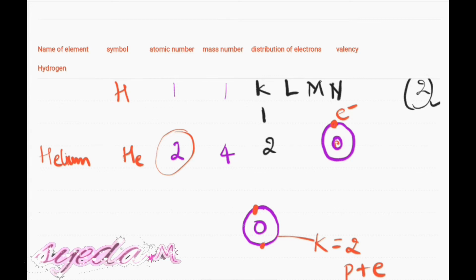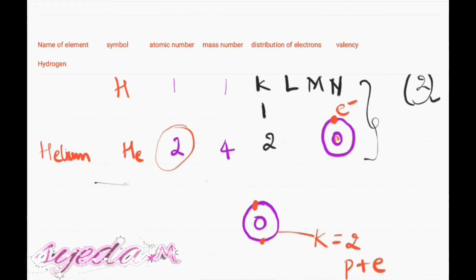Therefore helium and hydrogen both have only the K shell. In hydrogen, that is 1 electron. In helium, there are 2 electrons. So what we are going to say is that hydrogen and helium follow what we call the duplet state.